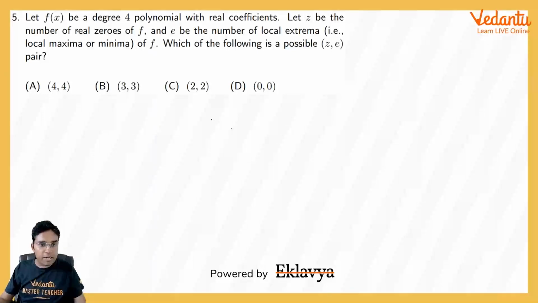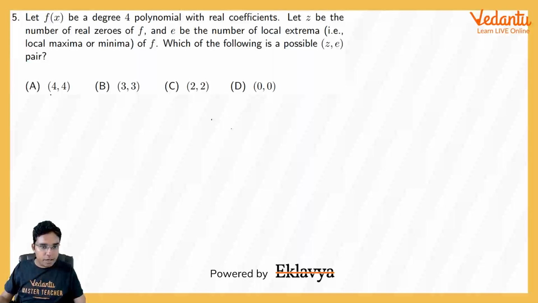Here we are given that f(x) is a degree 4 polynomial with real coefficients, and z is the number of zeros of f, and e is the number of local extrema, that is local maxima or local minima of f. Which of the following is a possibility for z comma e?